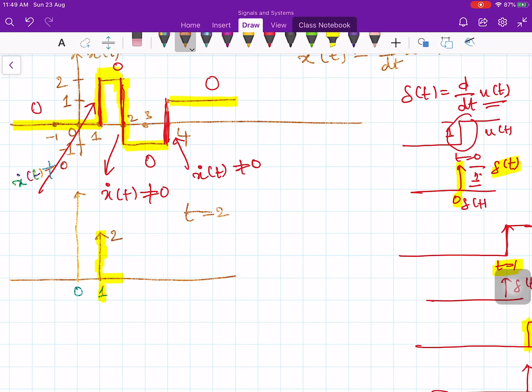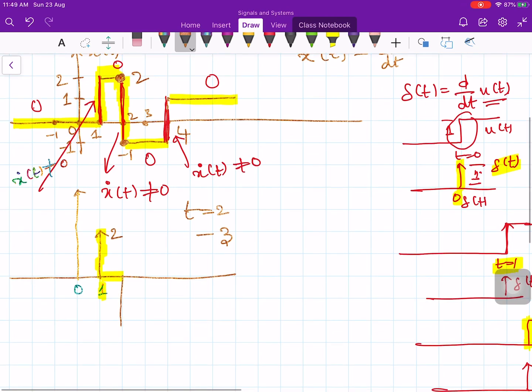The size of the discontinuity is 2 minus 3, because this point is 2 and this point is minus 1. Therefore, it is coming down by 3 units, so that an impulse scaled by minus 3 units. So this is minus 3.